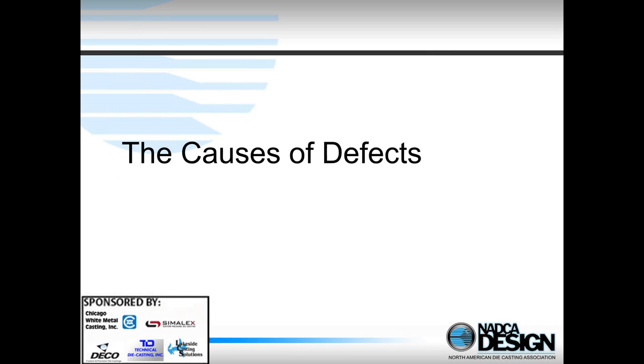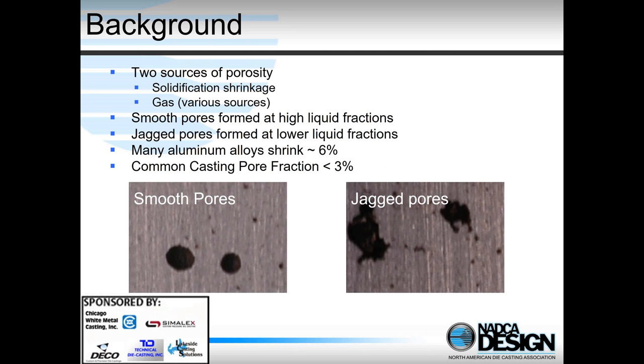So let's talk about the cause of defects, and therefore we're talking about the cause or origins of porosity. Basically, there are 2 sources of porosity in die castings. There's solidification shrinkage. This is the volumetric contraction that die castings go through when they go from the liquid phase to the solid phase, and I should have said all castings.